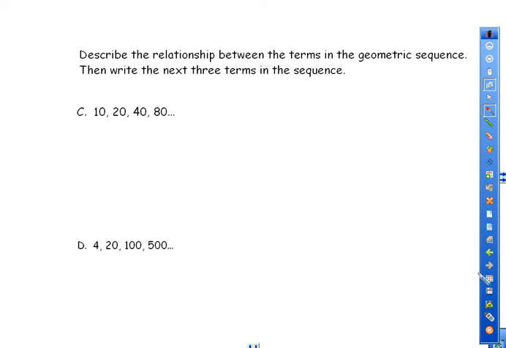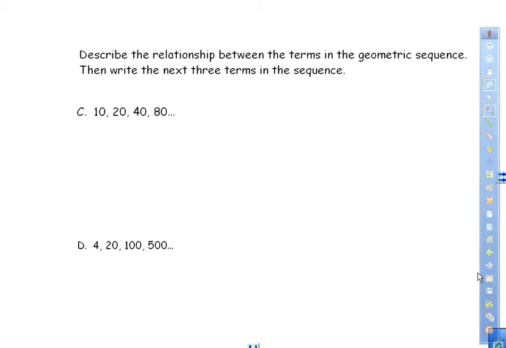Now let's look at the next problem, and I'm going to let you do the next one. It is geometric sequences, however. So remember that geometric means to multiply to find that pattern. Go ahead and find the relationship and the next 3 terms.